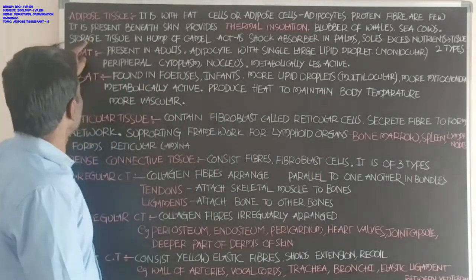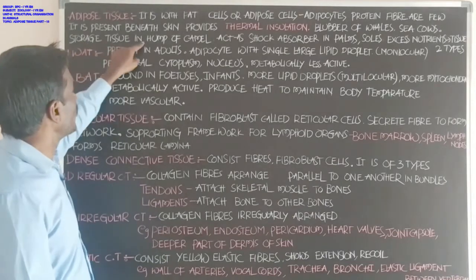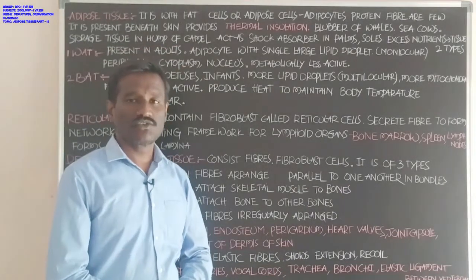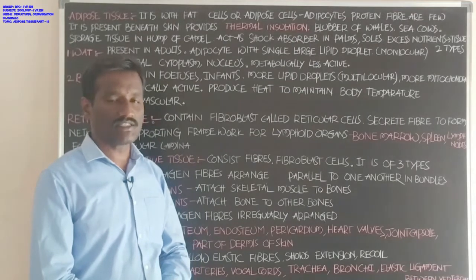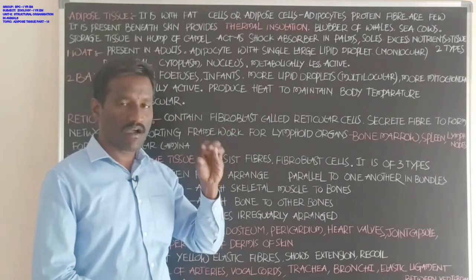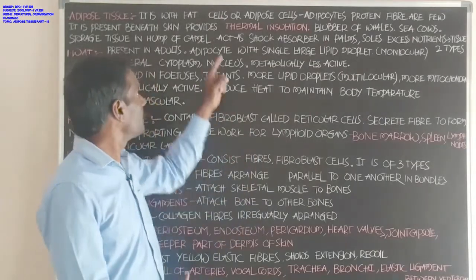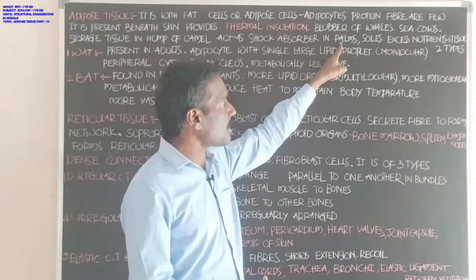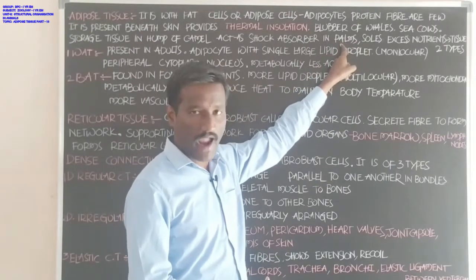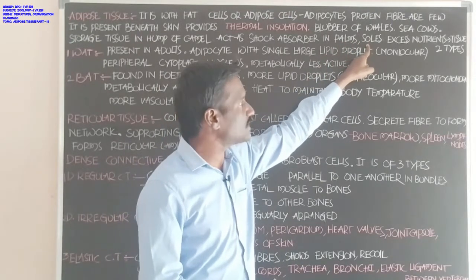Next, student, it is a storage tissue in the hump of a camel. If you observe a camel, a desert animal, it is present in the hump of the camel. Next, it acts as a shock absorber in the palms of the hand and soles of the feet.